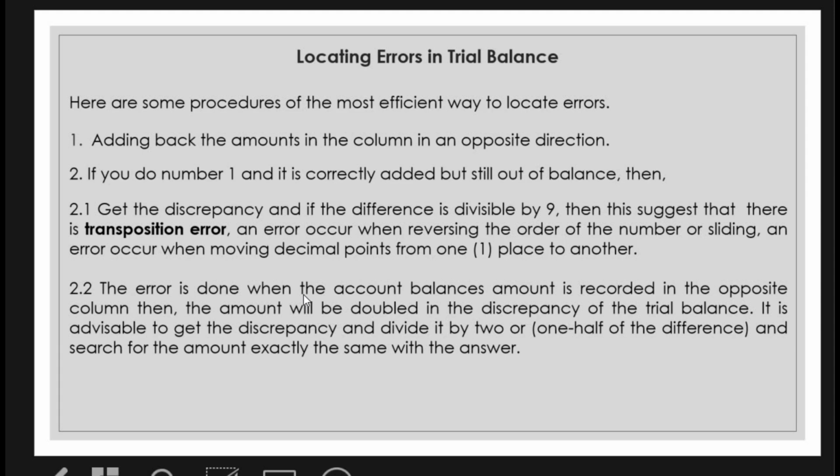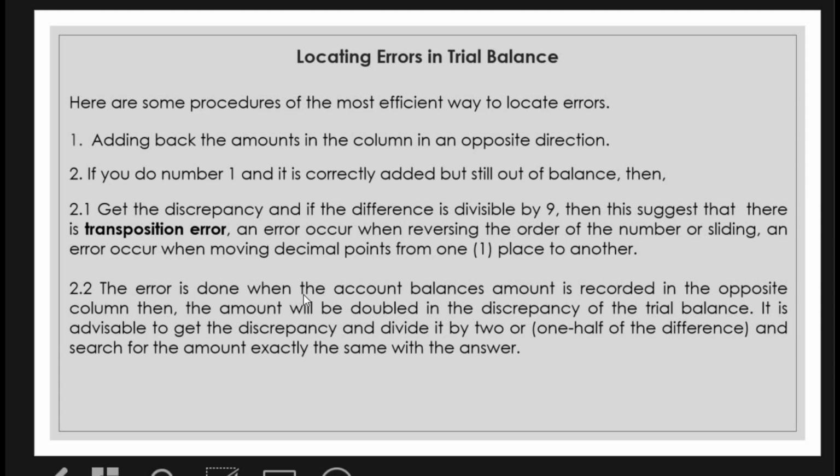So, again, pag ganun, what you have to do is you get the difference of the total debits and your total credits. And then after that, yung difference, i-divide mo by 2. So for example, ang difference ay 20,000.